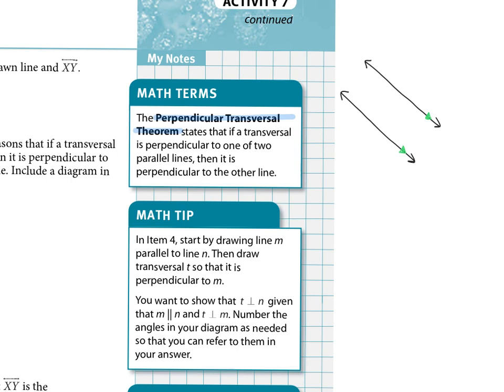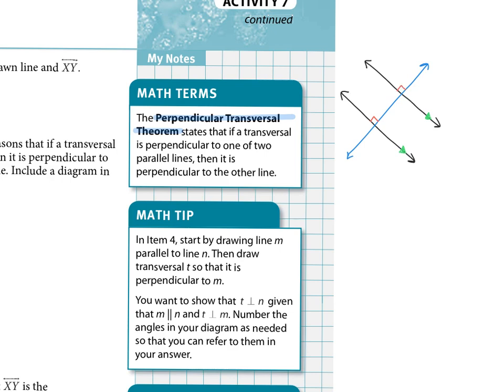Either way works. And then we have our transversal cutting through the parallel lines. And we know that transversal is perpendicular to one of the parallel lines. So this theorem states that it must be perpendicular to the other one as well.